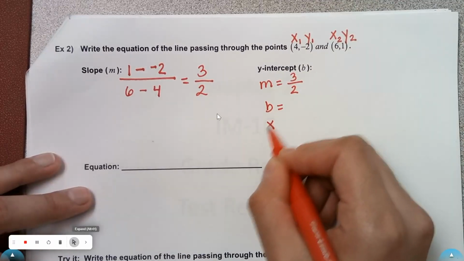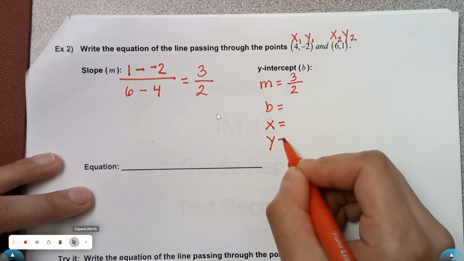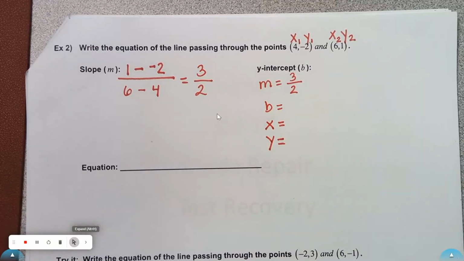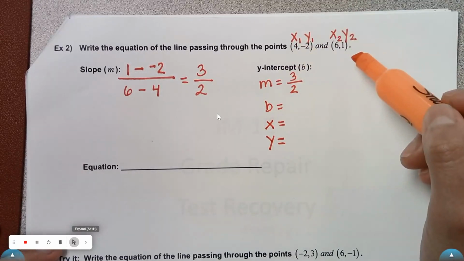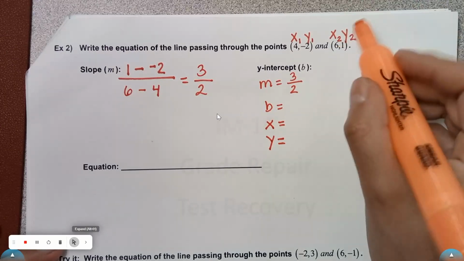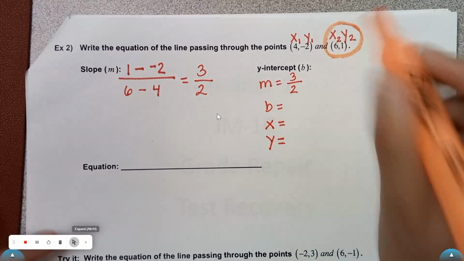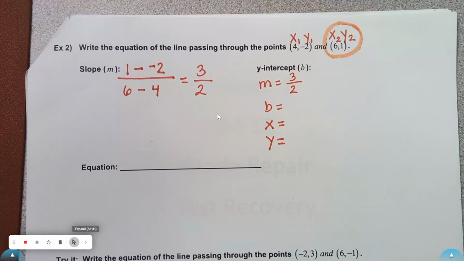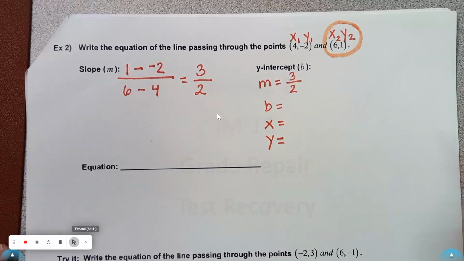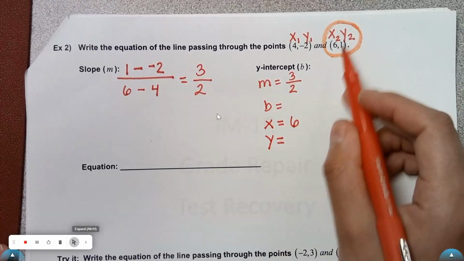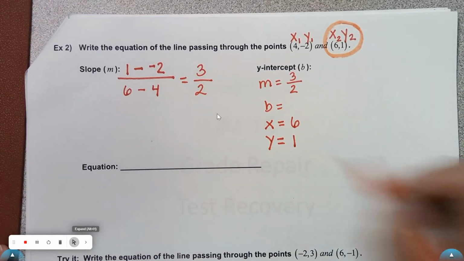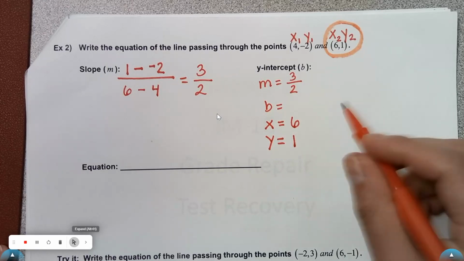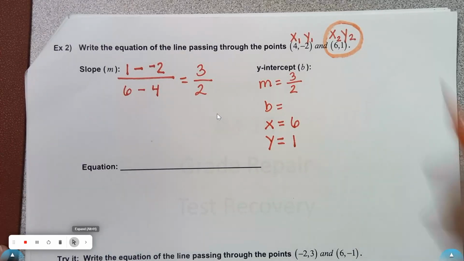Then I have x equals, and then y equals. You have to pick one point entirely, either the first one or the second one. This time I'm going to use the second one, so I'm going to circle all of it. The 6 is in the x spot, so I'm going to write 6 here. And the 1 is in the y spot, so I'm going to write 1 here. So I'm going to plug everything back into my equation of y equals mx plus b.